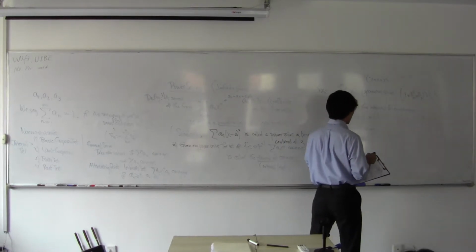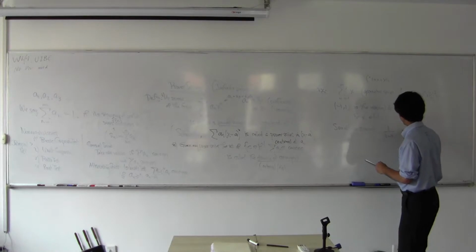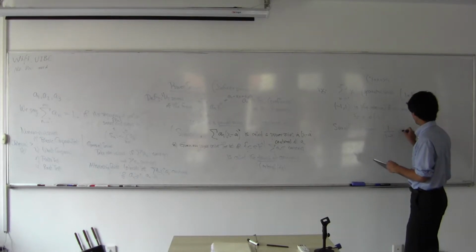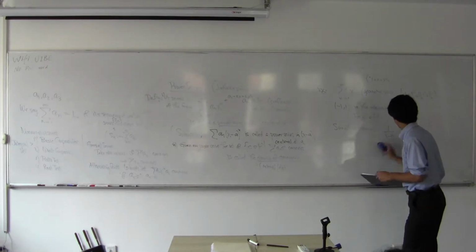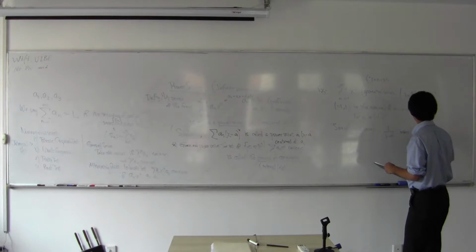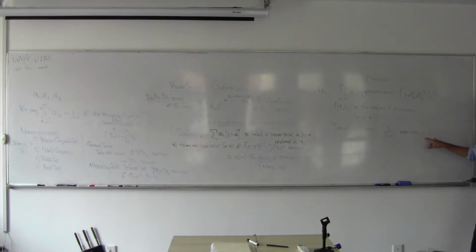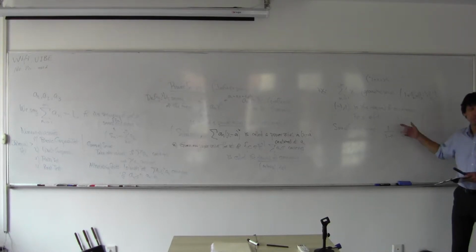Which is that 1 over 1 minus x makes sense on all of R, right? But this thing only makes sense between -1 and 1, right?